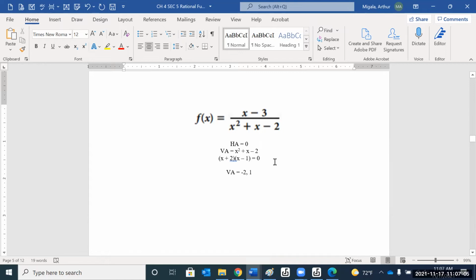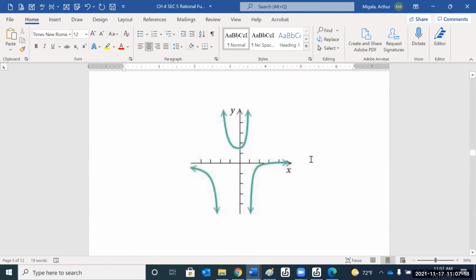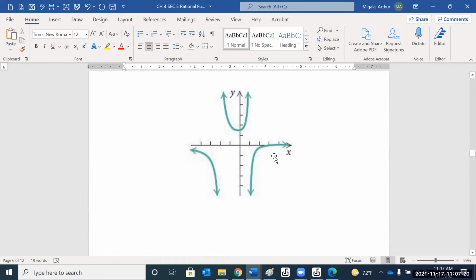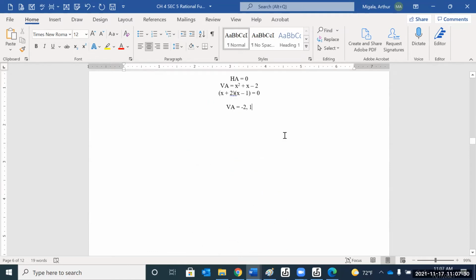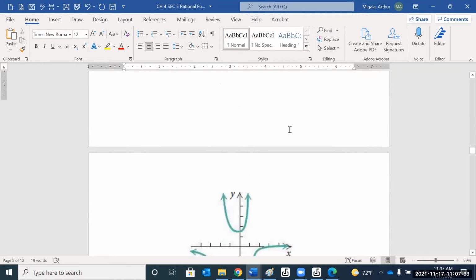Now, what's the graph going to look like? It's going to have 2 vertical lines and 1 horizontal line. Since x squared is on the bottom, the ends go on the same sides. Remember our vertical asymptotes were -2 and 1.